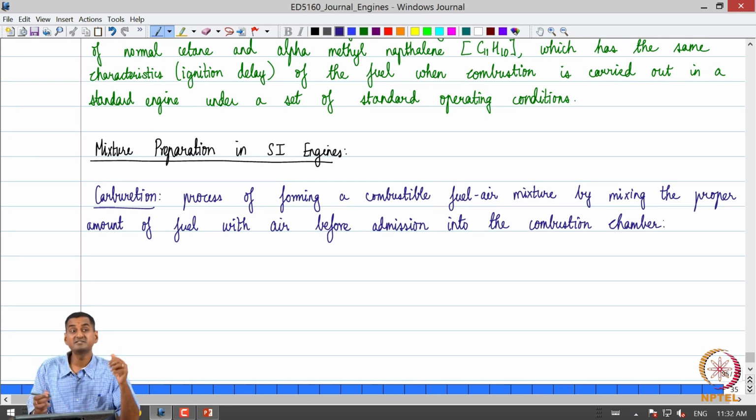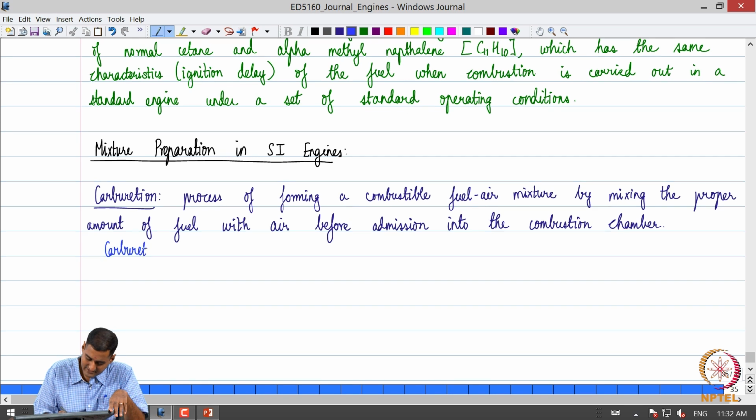And a device used for achieving this carburation in general is what is called a carburetor. But we will see that there are many devices now which are used to prepare this mixture. But in general, this is a general term. A carburetor is a device used for carburation, okay.